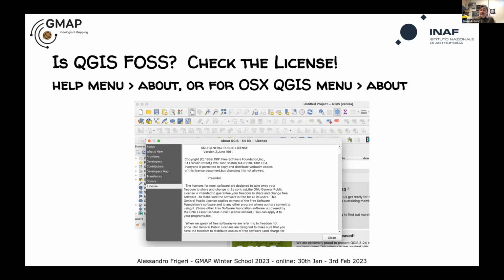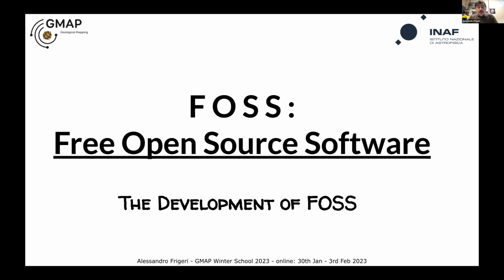And the 4 freedoms that we already saw in the last slide are usually listed in the license file, which is usually attached to the software and accessible to it. So now we know what this free open source software means.